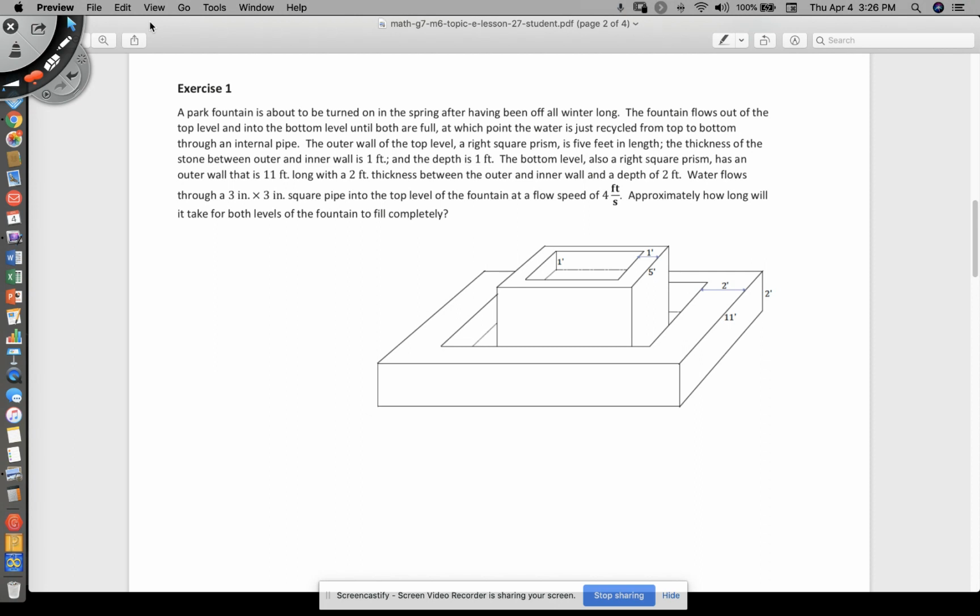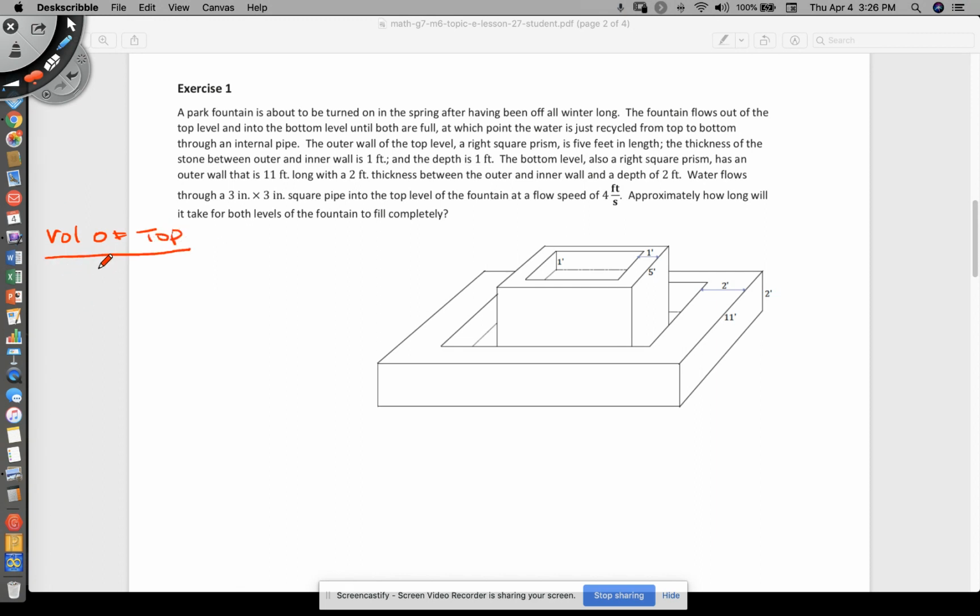All right. So the first thing I would do is find the volume of the smaller one up here on the top. So we're going to say volume of the top. The volume of the top is going to be a 3 by 3 by 1. And that's because you have 3 going across this way, 1 plus 2 is going to give you the 3.